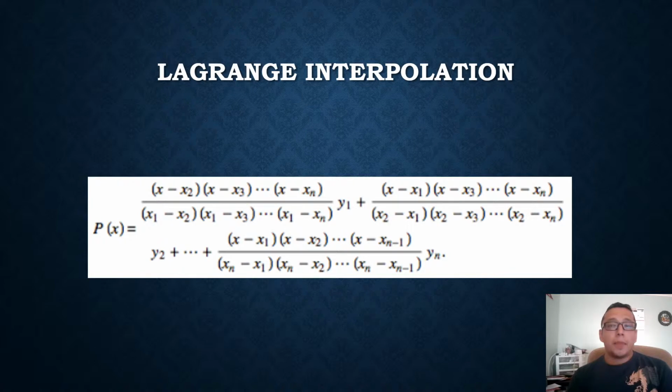Okay, here it is written explicitly. The result is a polynomial that defines a line through the points provided. So here we can see how the x's and y's are computed, and it will output a function or a polynomial.